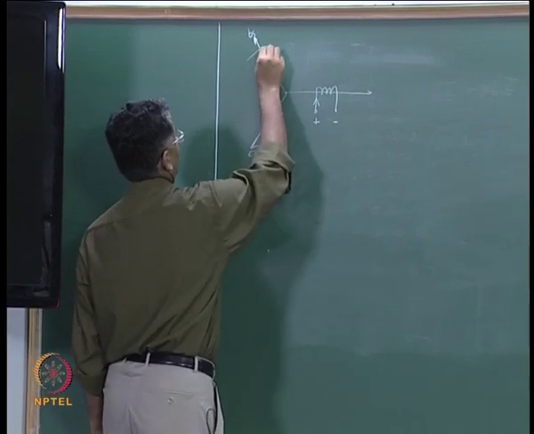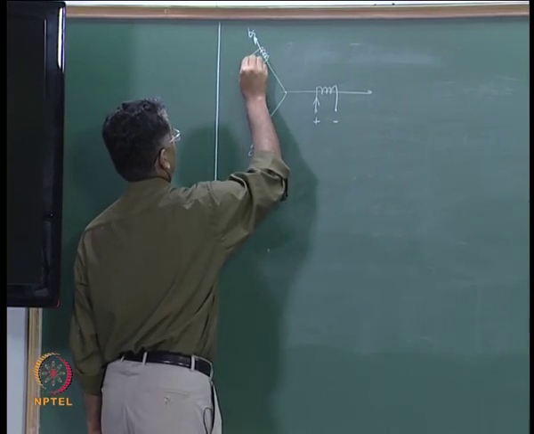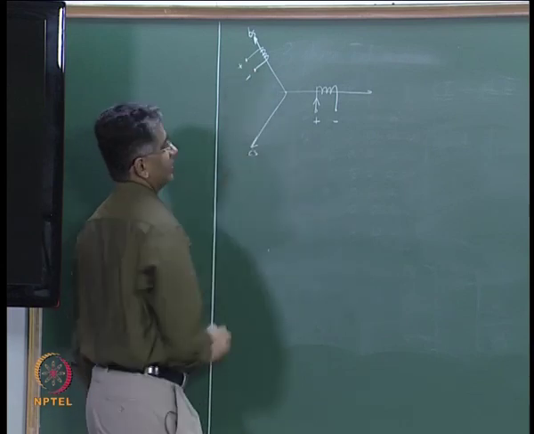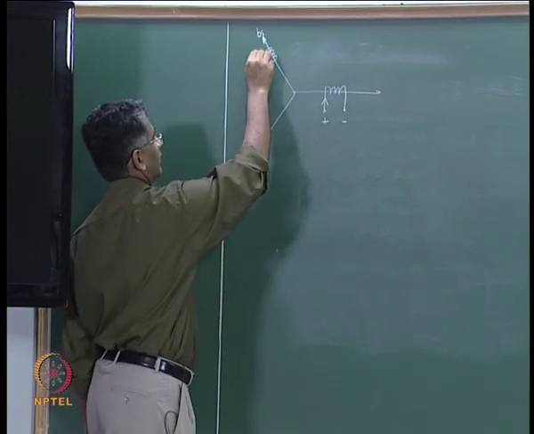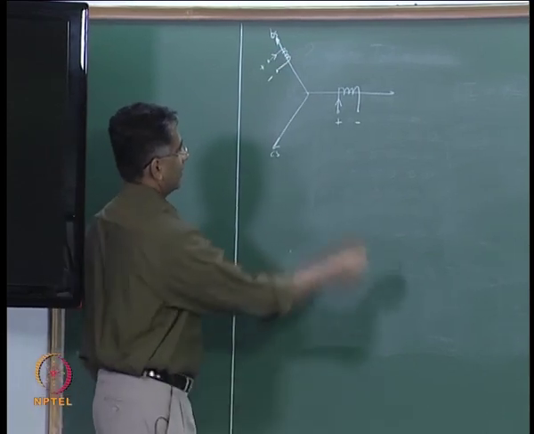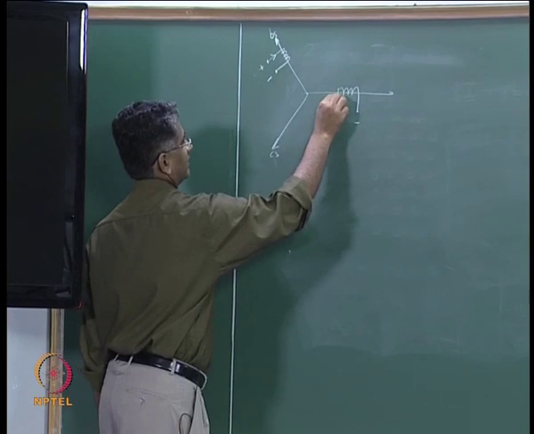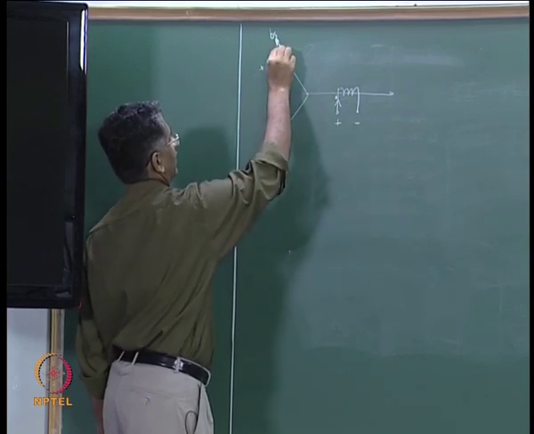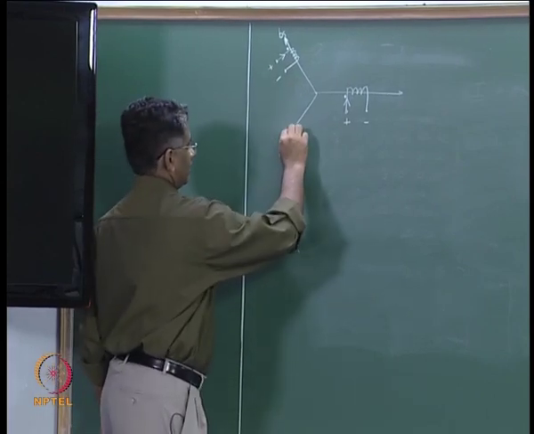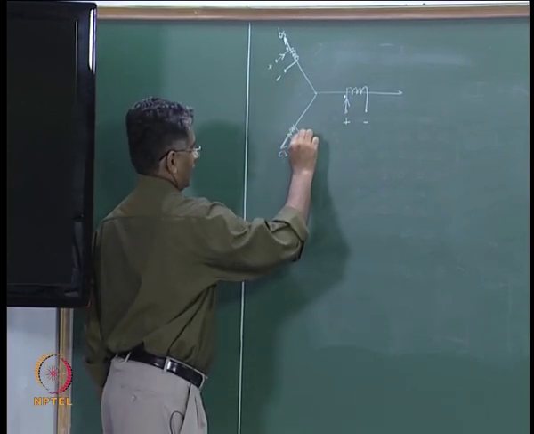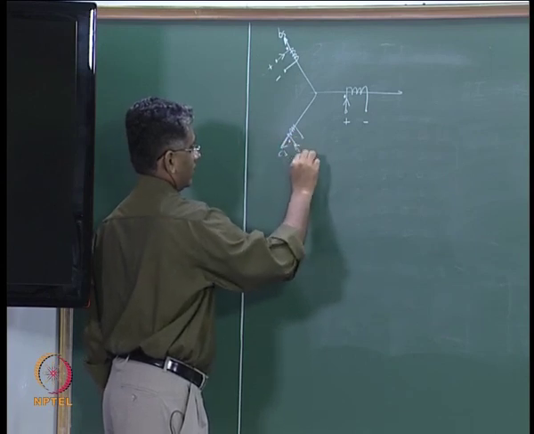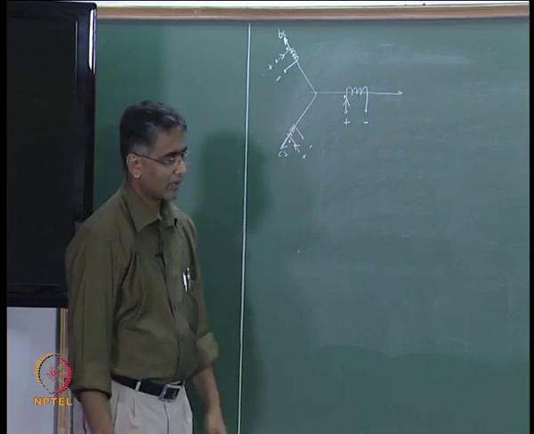And similarly, if you have a BS coil, the voltage is plus minus here and the current is flowing into the terminal marked plus, and the dot points of the coils are such that it is dot at both places where current is flowing in. Similarly, you have the C phase coil, current flowing in and plus minus this way.